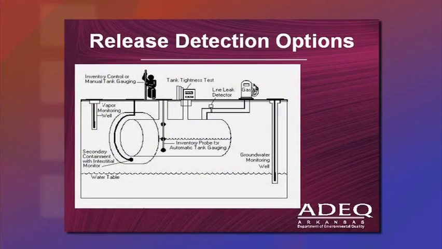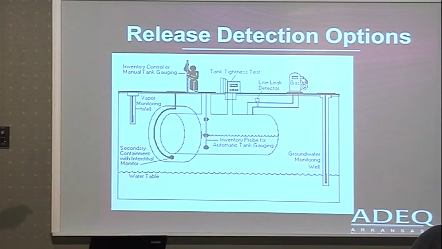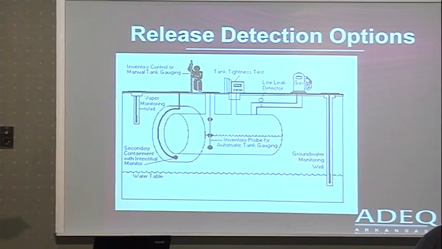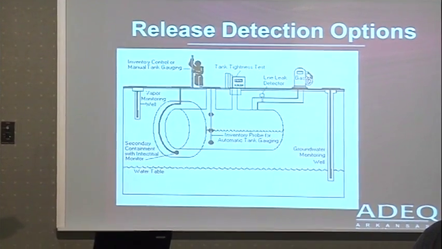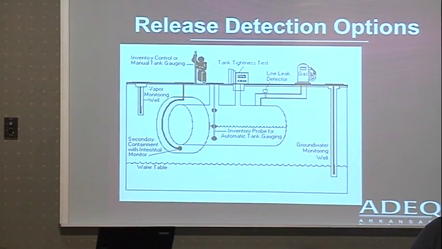So this shows just a little setup of all the release detection methods that are out there. You can see here's the vapor and the groundwater monitoring. Both of these are done in wells that are on your site. Here you can see secondary containment, and this is monitoring that interstitial space between the inner tank wall and the outer tank wall.